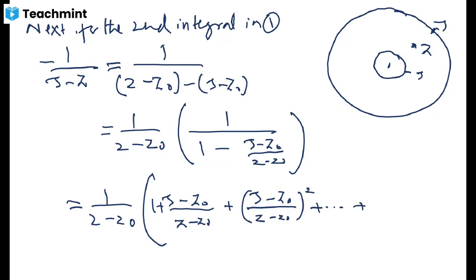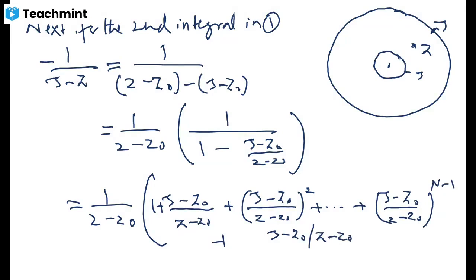You will have zeta minus z naught upon z minus z naught power n minus 1, and the last term as usual has to be zeta minus z naught upon z minus z naught power n upon 1 minus c, whatever c is, zeta minus z naught upon z minus z naught.